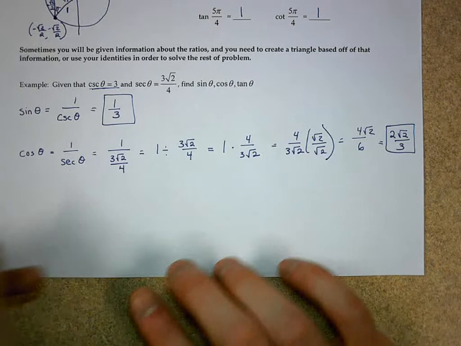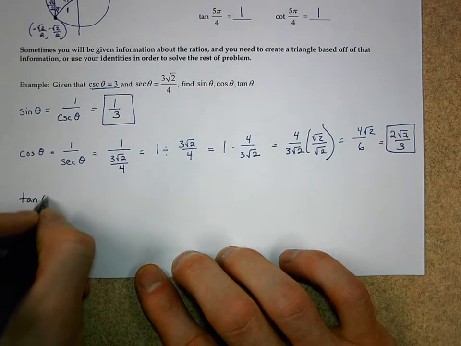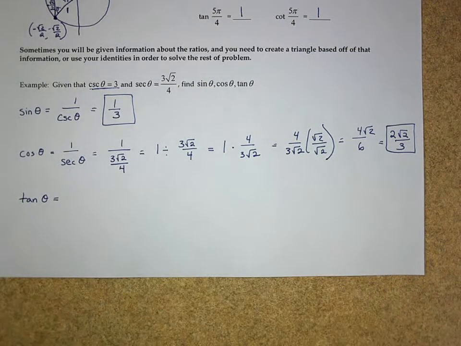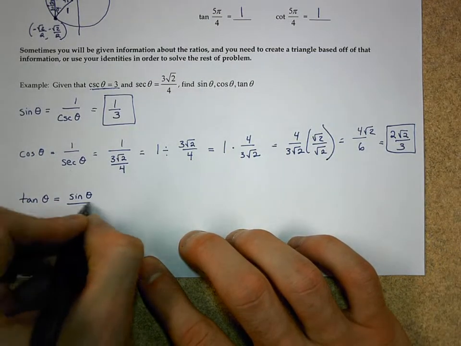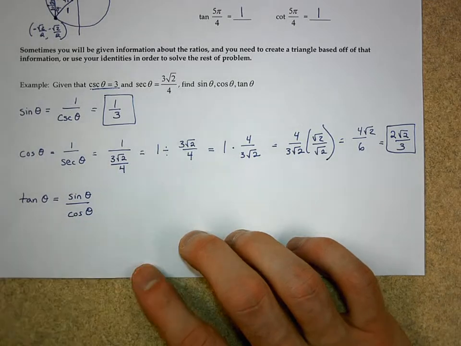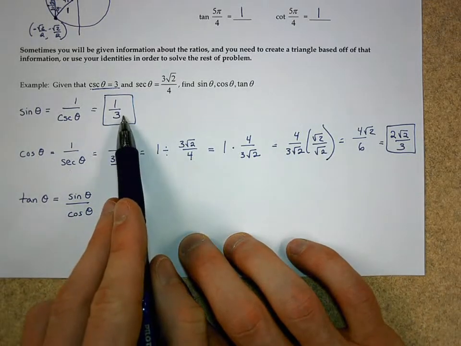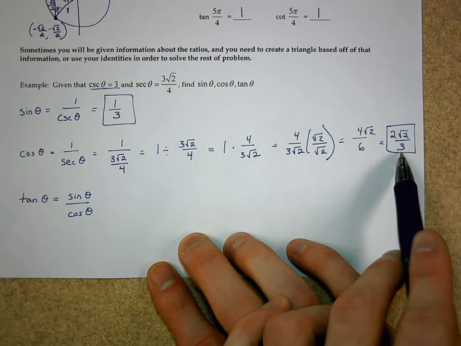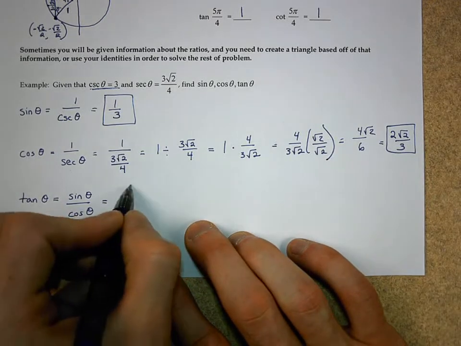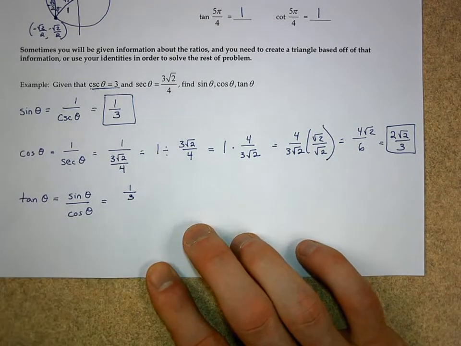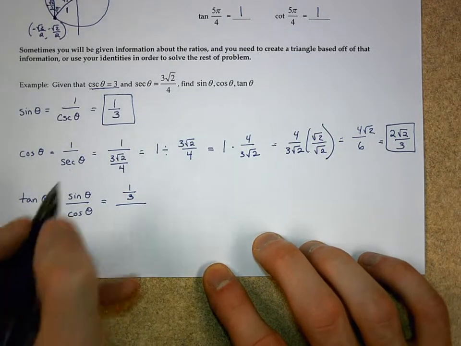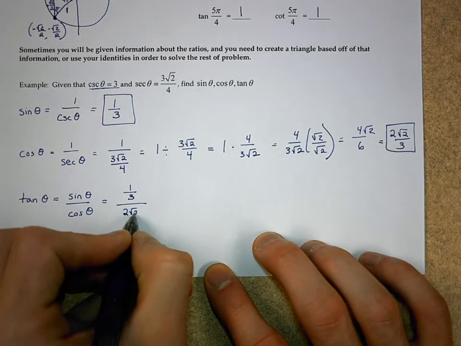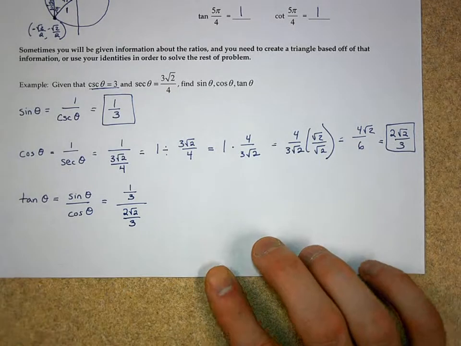The final piece is the tangent of theta. And I know that tangent is the same thing as the sine of theta over the cosine of theta. And I found the sine of theta in step 1. I found the cosine of theta in step 2. So let's just plug in those values. The sine is 1/3. The cosine is 2 square root of 2 over 3.